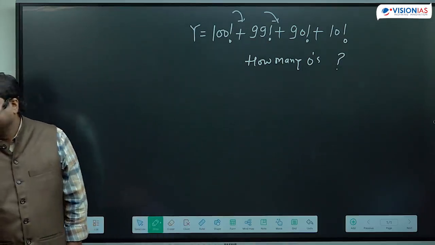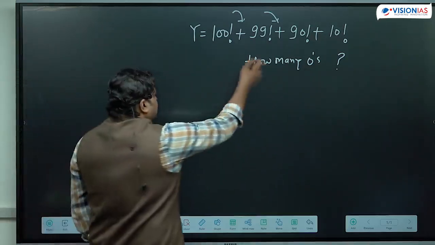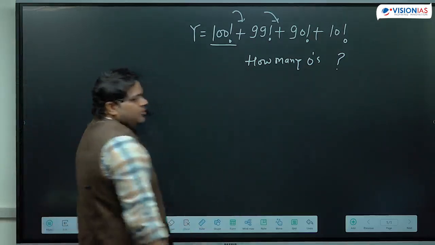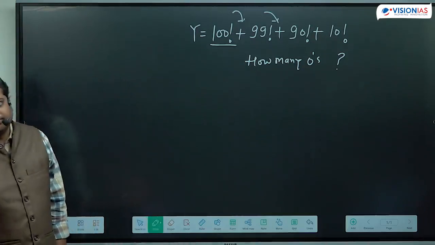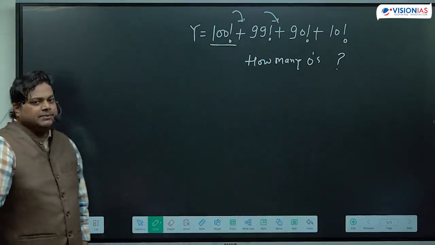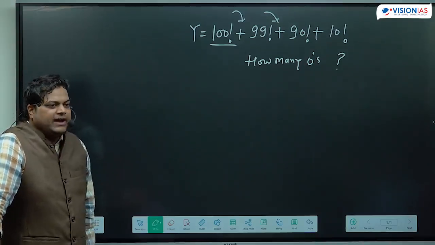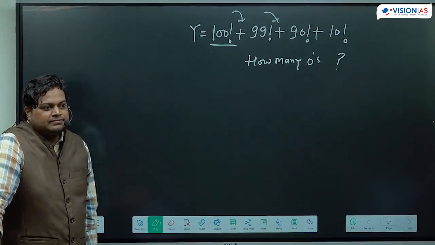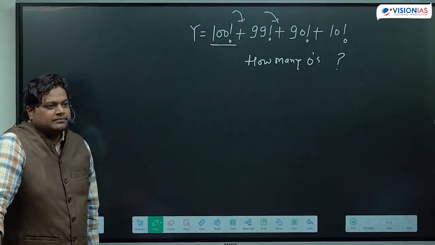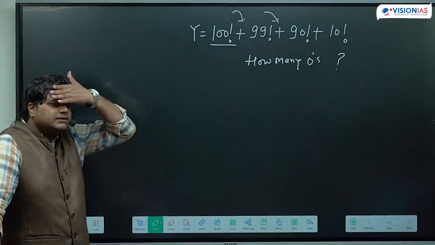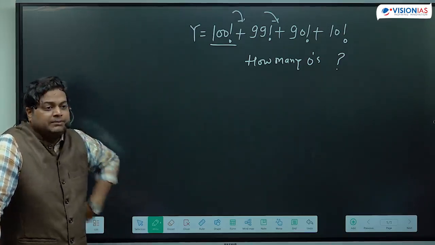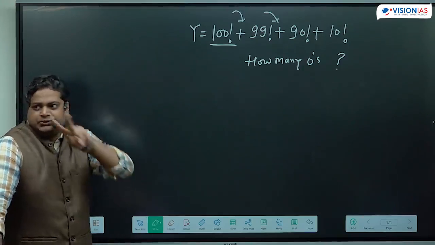Two zeros. So in 100 factorial how many zeros are there? 24. In 99, 22. In 90 factorial, 21. In 10 factorial, 2 zeros.